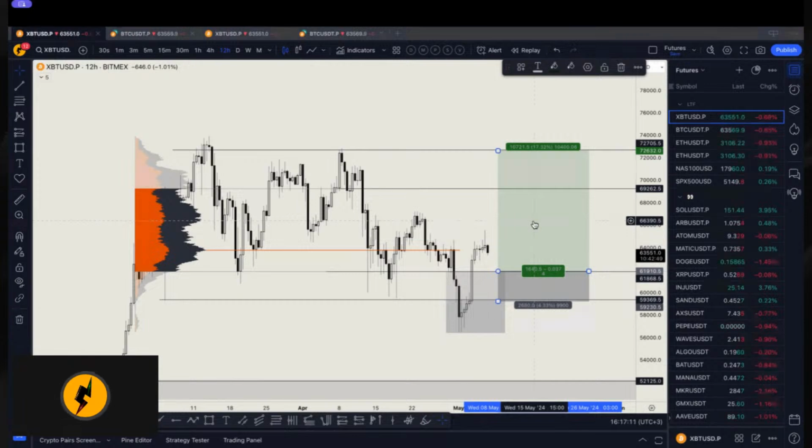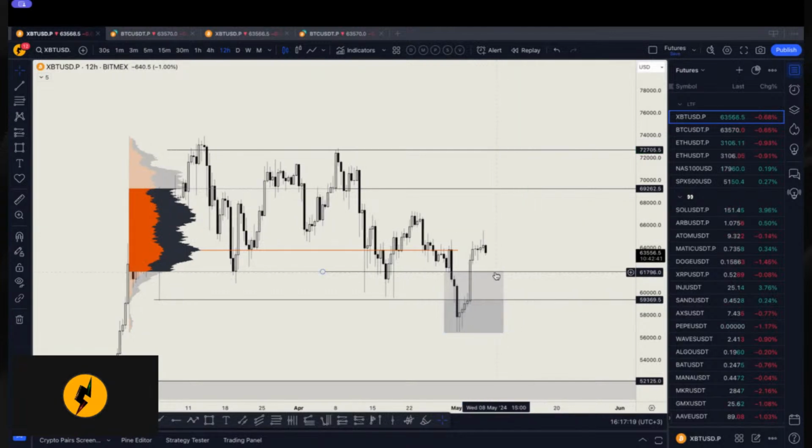I try my best, whenever I have time, to find a more greedy entry. So maybe if I can get a lower one, why not, right? In the end, it's going to be more profit for me.